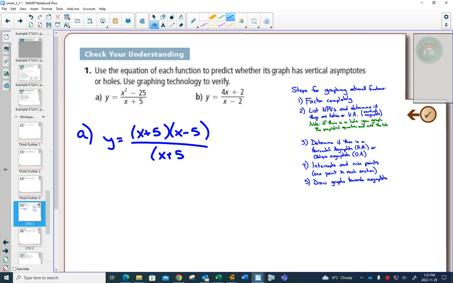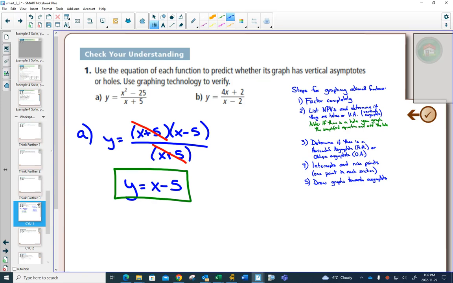Are there any factors that are exactly the same? Yes. Those cancel out. And our new equation, which I'll put a green box around, is just y equals x minus 5. So we factored completely and simplified.